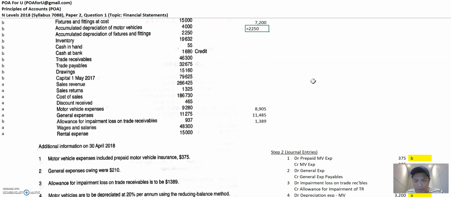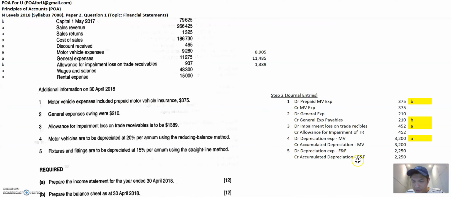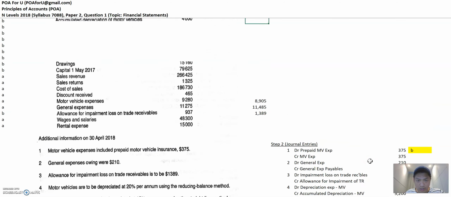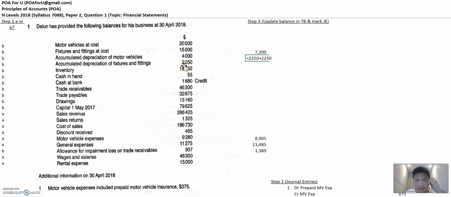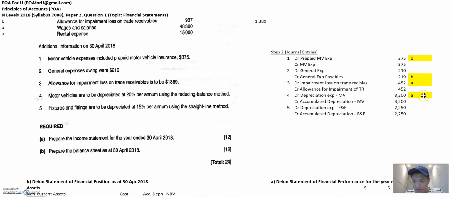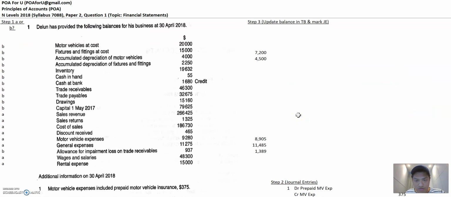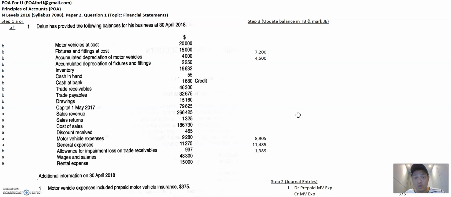Similarly, for the one below, fixtures and fittings, I'm going to add another 2,250 to the already 2,250 balance, right? And then I'm going to take this and mark it as a new item. I've got to include depreciation expense. Voila, that's it. All right, so those are the three steps that we have to do.